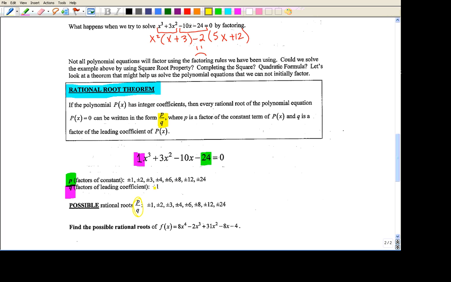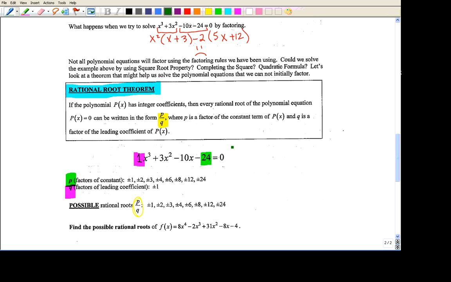So here 1 over 1 is 1, and 2 over 1 is 2, and 3 over 1 is 3, and so on. So this one doesn't have a lot of extra. So the possible rational roots are 1, 2, 3, 4, 6, 8, 12, 24. So this tells us that somewhere in here we've got rational roots for this polynomial.